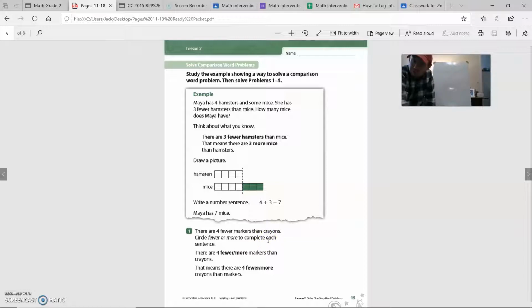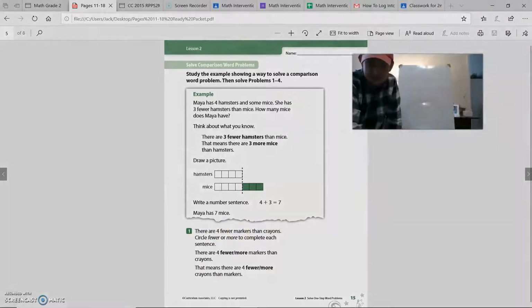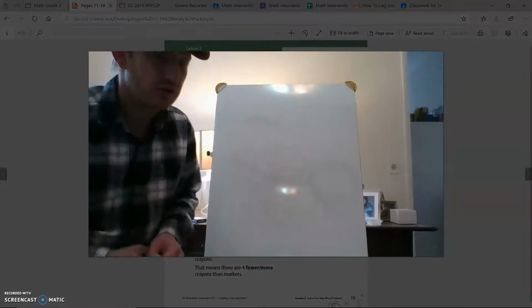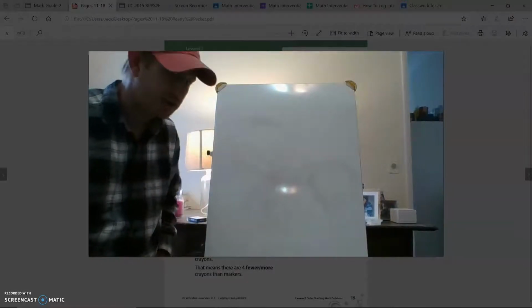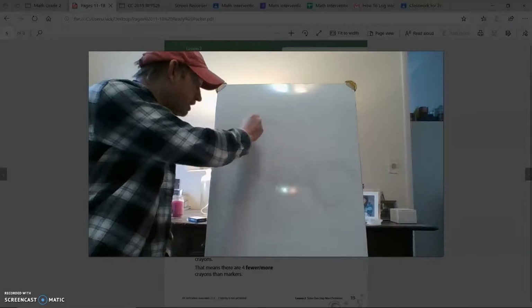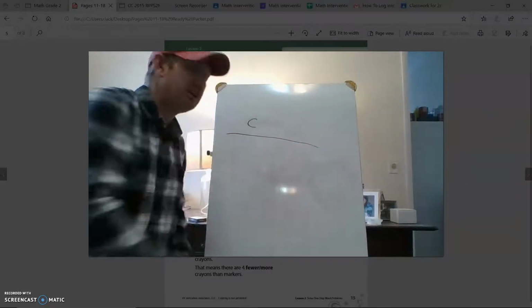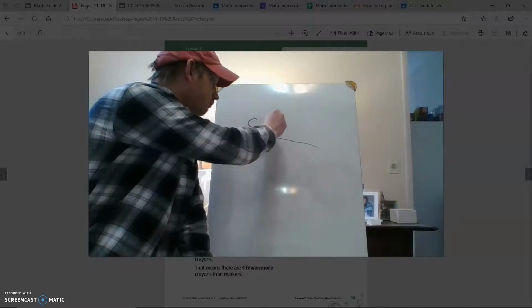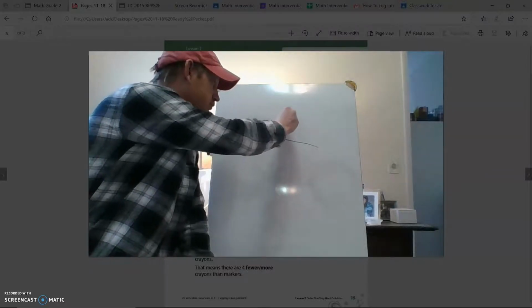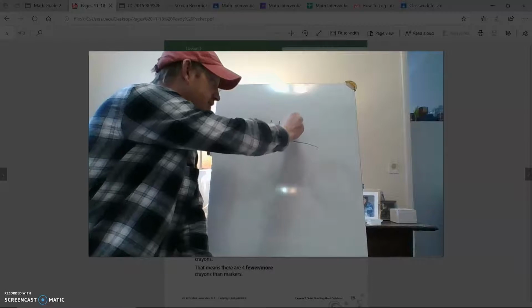So I can make up the first number on my own. There are 4 fewer markers than crayons. So I know that there are more crayons. So I'm going to do crayons first. A little C for crayons so I remember. I'm going to give myself 6 crayons. 1, 2, 3, 4, 5, 6.